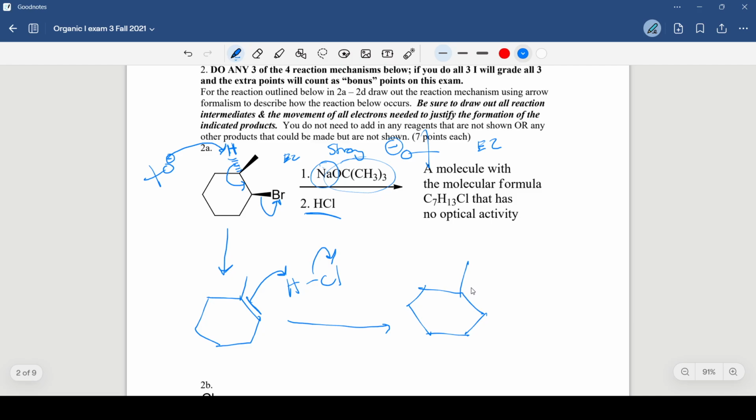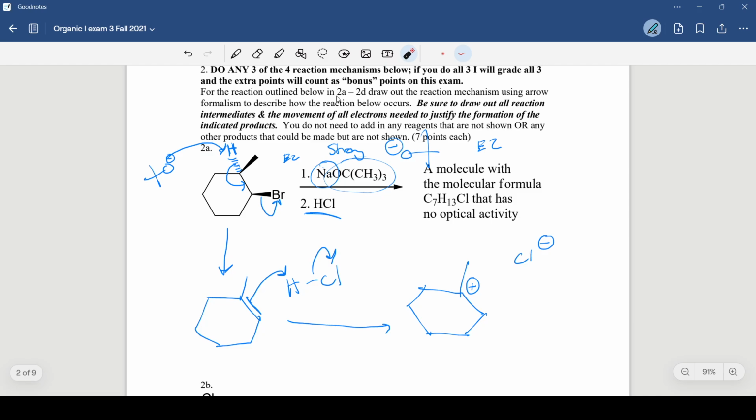The carbocation is going to be more stable here, so we're going to put it here, because remember, if we put the carbocation here, it would be on a secondary carbon, which is not as stable. Over here it's tertiary, which is more stable. Okay, so now we have this carbocation, and now we have this Cl minus, right? Because when you attack the H off the Cl, this bond is going to move to Cl, creating a negative charge.